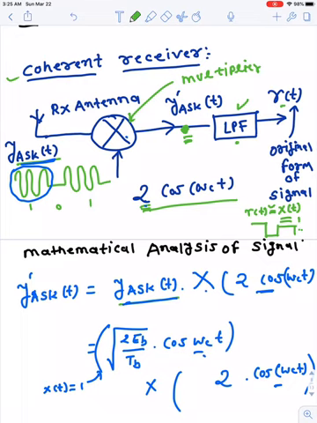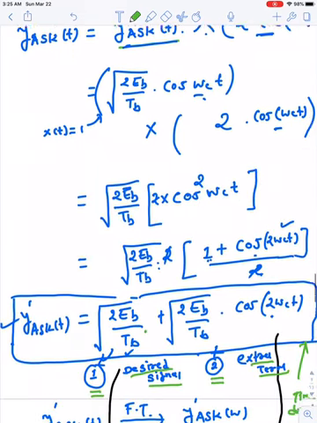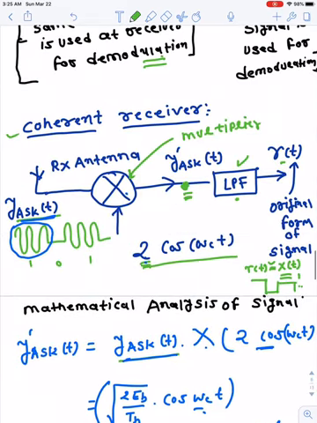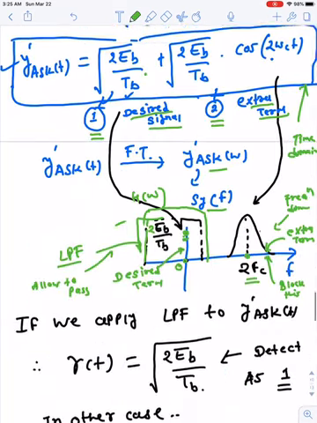At the input of the low pass filter we have two terms. One term is square root 2 Eb by Tb, which represents a 1, and the second term is square root 2 Eb by Tb into cos 2 omega ct, which is the undesired term. By passing through the low pass filter we block the second one and allow the first one to pass. So at the output R of t, the only signal available is simply square root of 2 Eb by Tb, and this can be decoded as a 1, right?